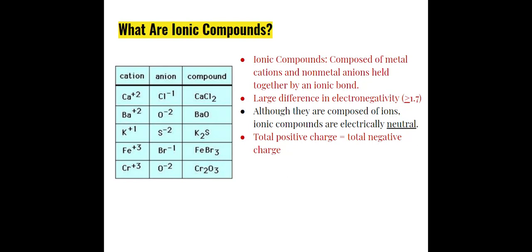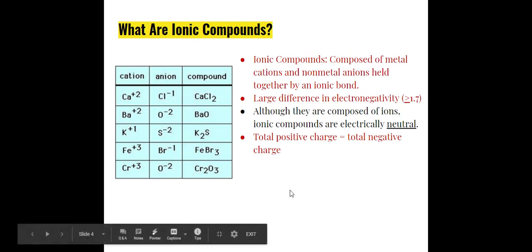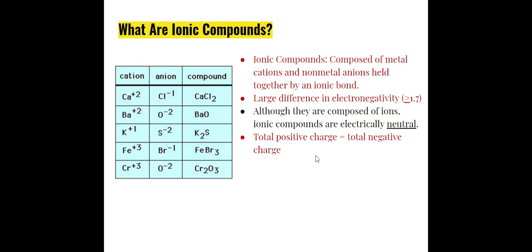Although they are composed of ions, which means that you have a negative atom and a positive atom, ionic compounds are electrically neutral because the total positive charge equals the total negative charge, i.e., just like in math, they cancel each other out. So if I have a -2 on one side, I have to have a +2 on the other, and that will give me 0. We'll talk more about that later, especially when we start moving into balancing equations.